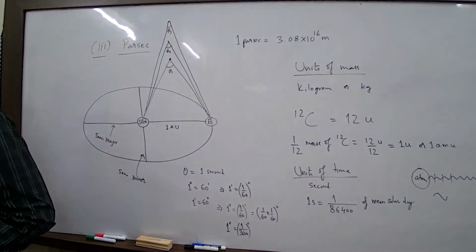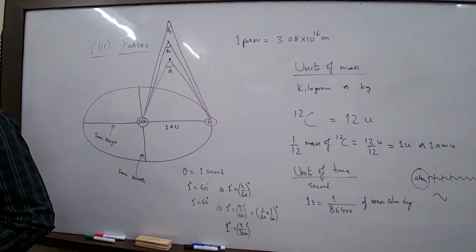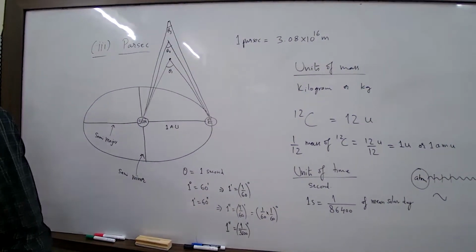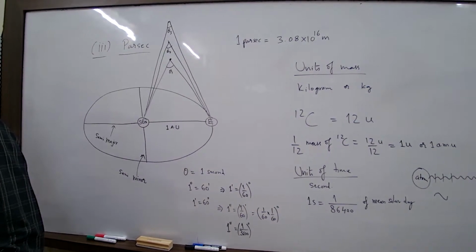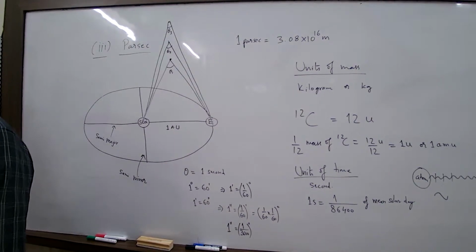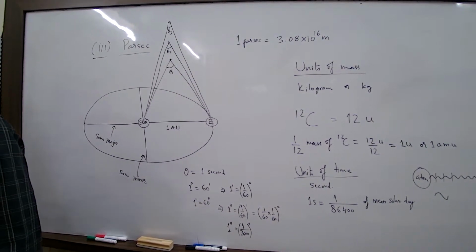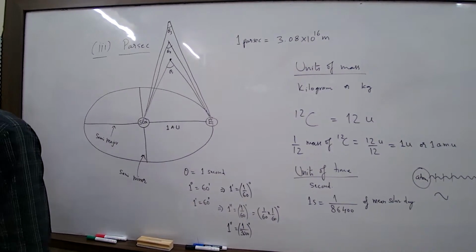So whatever time it takes for the cesium-133 atom to emit these many vibrations, 9192631770, that duration is called 1 second. Understood? So these are the definitions of second. We need not get into this. So we will be starting with a second and going ahead or behind.